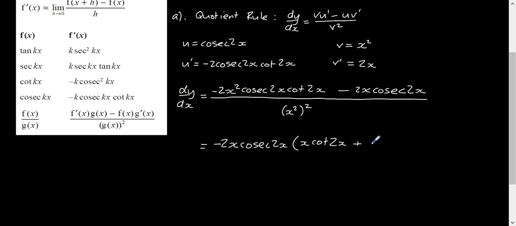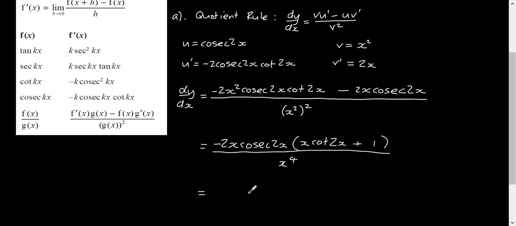And then, what do we multiply minus 2x cosec 2x by in order to get minus 2x cosec 2x? We just multiply it by 1. Then we multiply it by plus 1, because when we multiply this minus by this plus, it gives us the minus that we wanted. So then all we have to do is divide by the x squared all squared, which would be x to the power of 4.